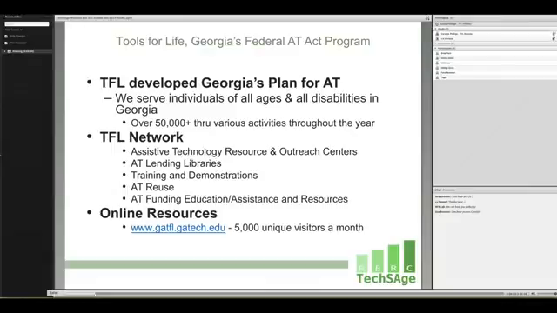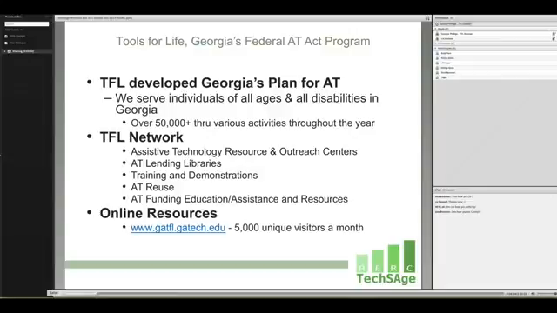Sure. This is a little bit more about our program. As Carolyn said, we serve all ages, all disabilities in Georgia. We serve many folks through various activities throughout the year, well over 50,000 individuals, and that's folks that we are really providing one-on-one, hands-on solutions to.